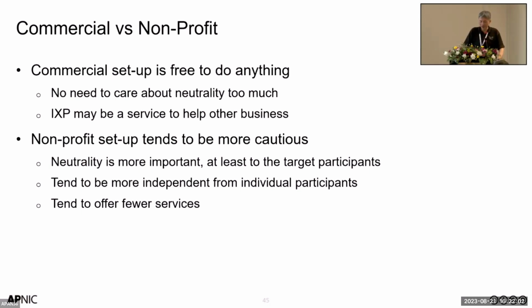They may not care about neutrality, and that's fine. But a not-for-profit setup tends to be more cautious because neutrality affects them a lot. So they tend to be more independent from individual participants and tend to offer fewer services, because if they offer more services, there's a high chance that they would compete with their participants.